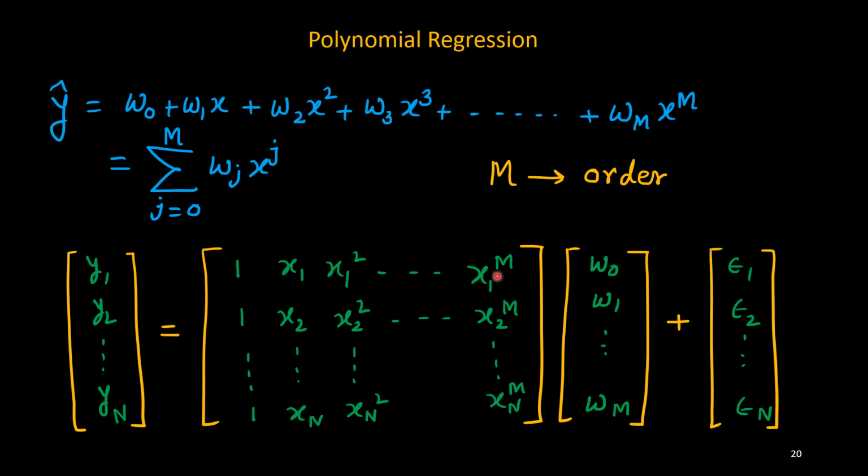In that way, the last column would be x1 to the power m, x2 to the power m, xn to the power m. So when this matrix is multiplied with the coefficient vector w0, w1, wm, the first row will give you 1 into w0, x1 into w1, x1 square into w2, like that. Those additions plus epsilon 1 will give you the first equation y1. I hope this formulation is clear to you.